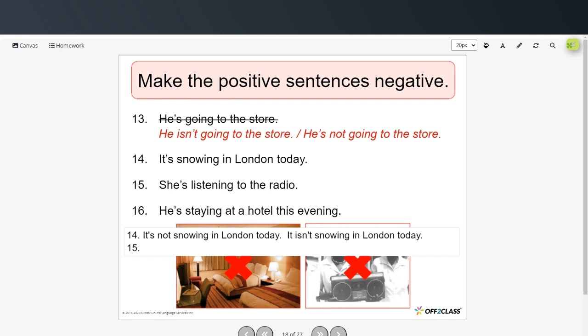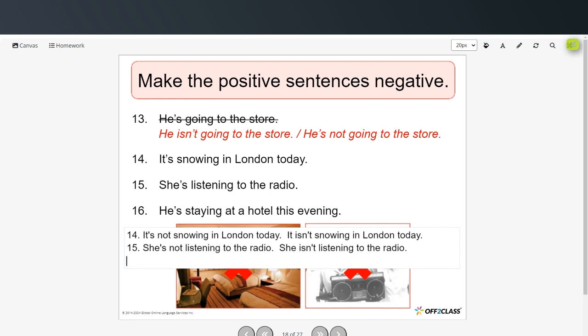She's listening to the radio, so it would be she's not listening to the radio, or she isn't listening to the radio. He's staying at the hotel this evening, so he's not staying at a hotel this evening, or he isn't staying at a hotel this evening.